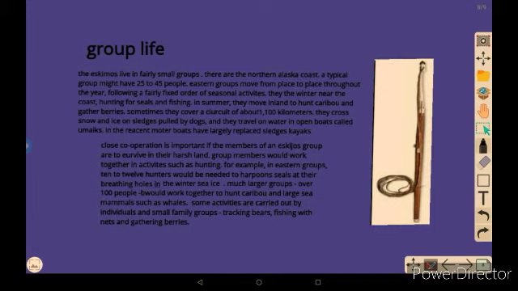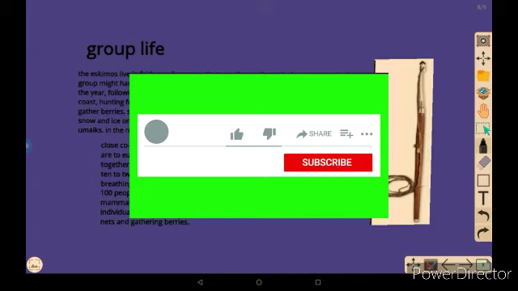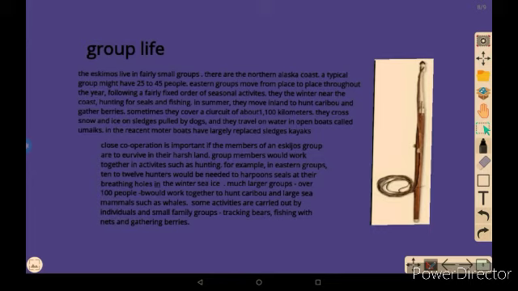Alaska is on the northern side of the continent. So a typical group has 25 to 45 people. In the east, groups move from place to place throughout the year, in the polar, tundra region of the eastern Alaska coast.